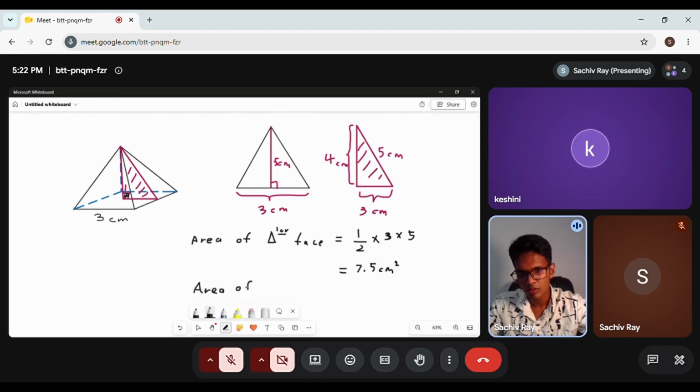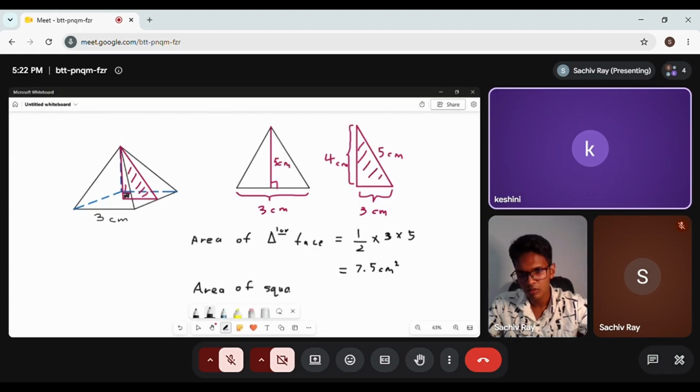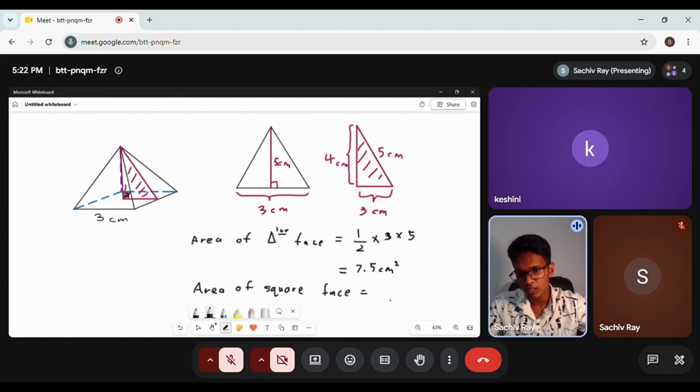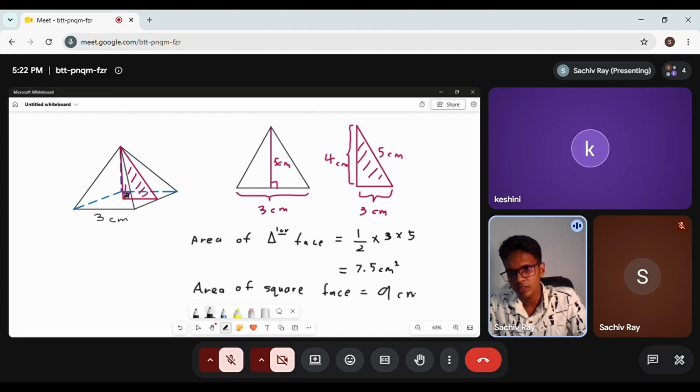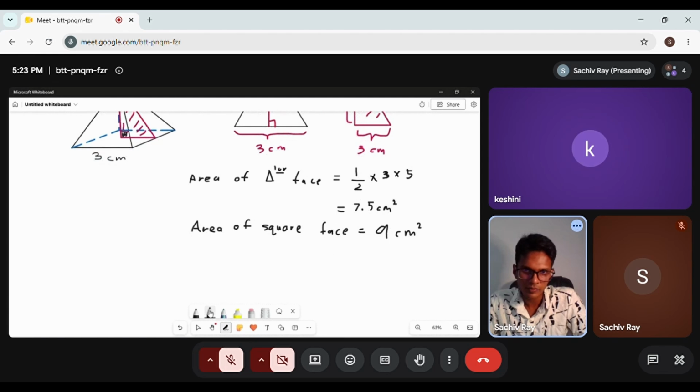I'm writing it short, otherwise it'll take a long time and we'll be wasting time. What's the area of the square face? 9 centimeters squared. Okay, now the total area.